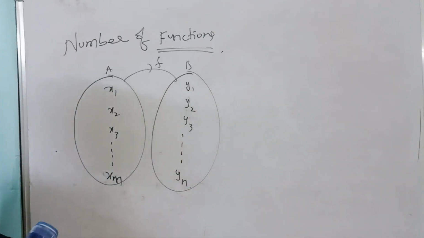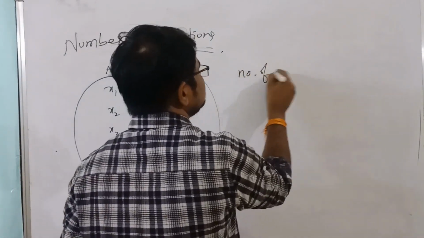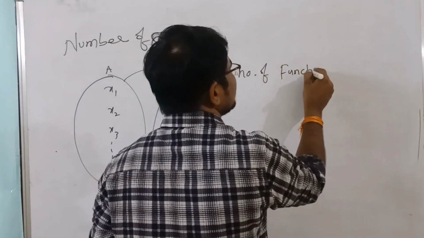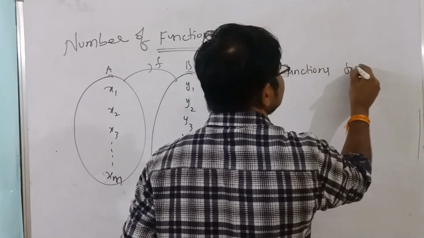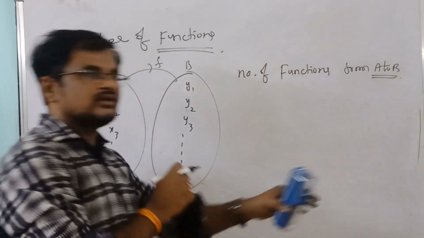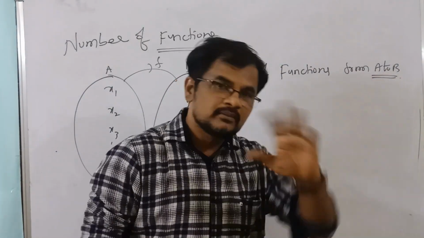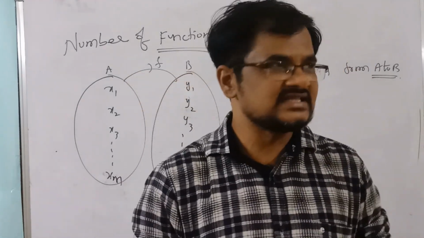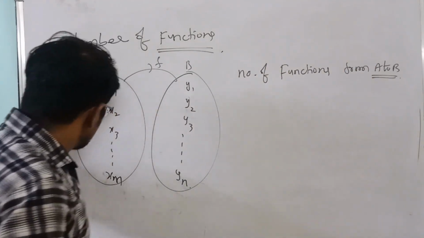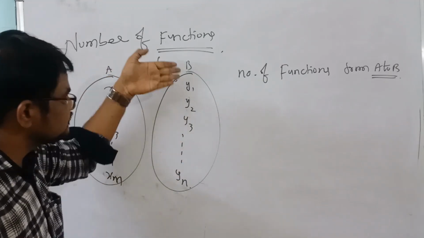So the number of functions which are defined from A to B. Once you observe how to define the number of functions from A to B by the permutation combination concept. For x1, how many image chances are there?